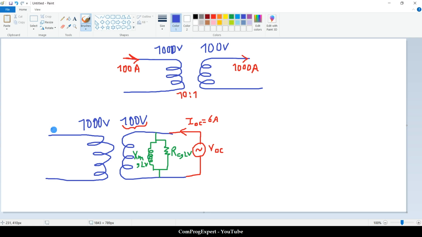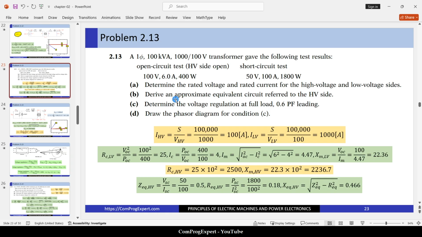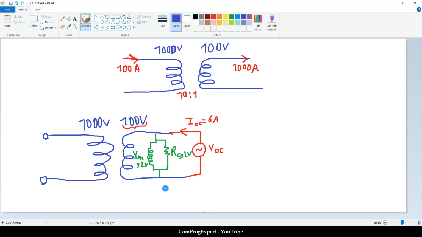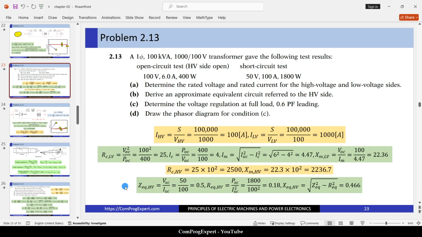The high voltage side is open, so we should consider this because the aim is to calculate the equivalent circuit parameters referred to the high voltage side. So what is the value of the equivalent core resistance? We can calculate it using this equation. We did it before, right?